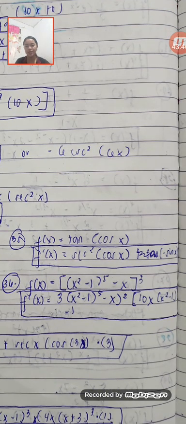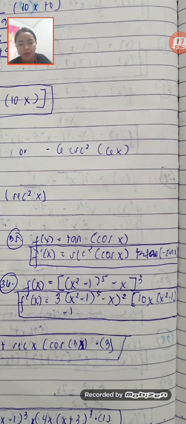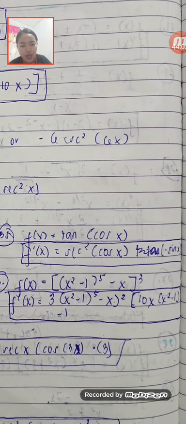So for item number 36, we have f of x is equal to the quantity of x squared minus 1 raised to the power of 3. In this item, we just need to simply use the chain rule and the exponential rule again.